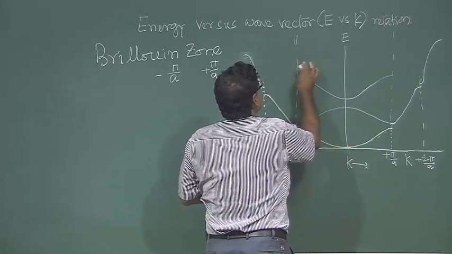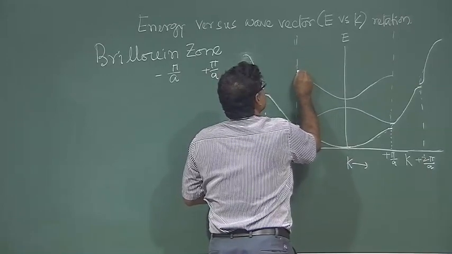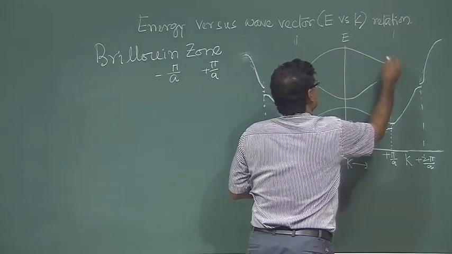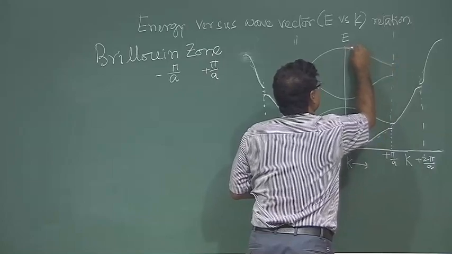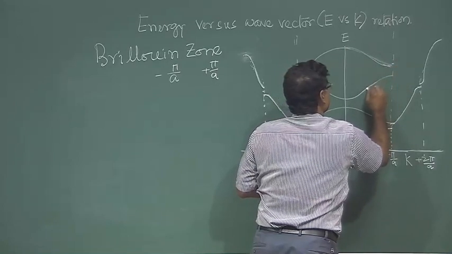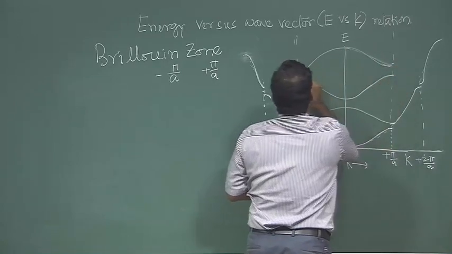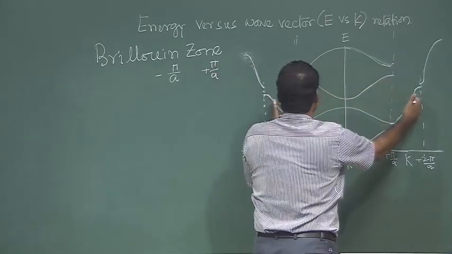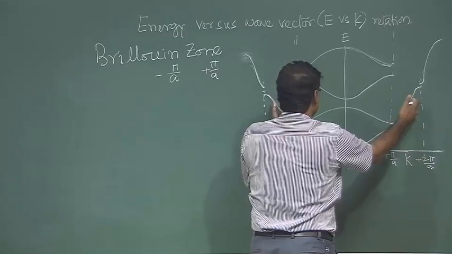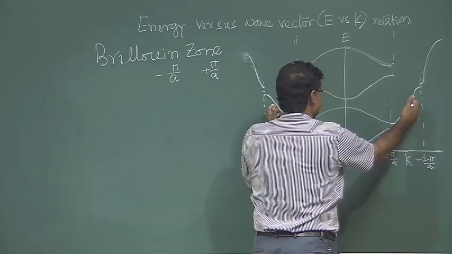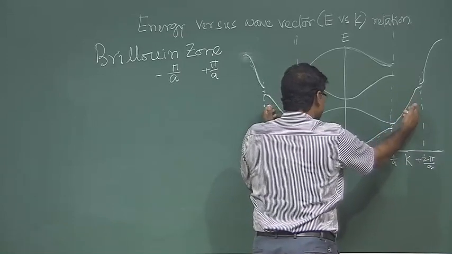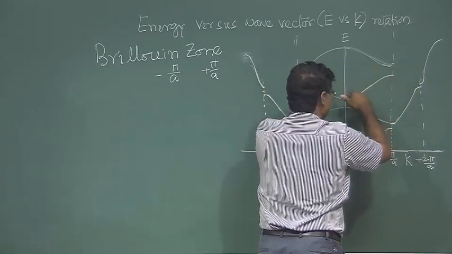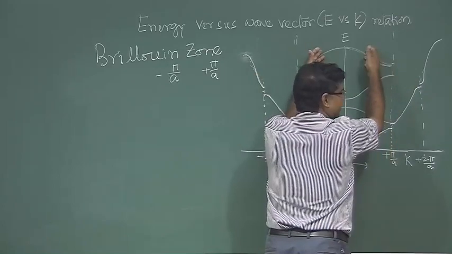As if this second Brillouin zone is reduced into this first Brillouin zone, the third one is reduced into this first Brillouin zone, and this is the fourth Brillouin zone.